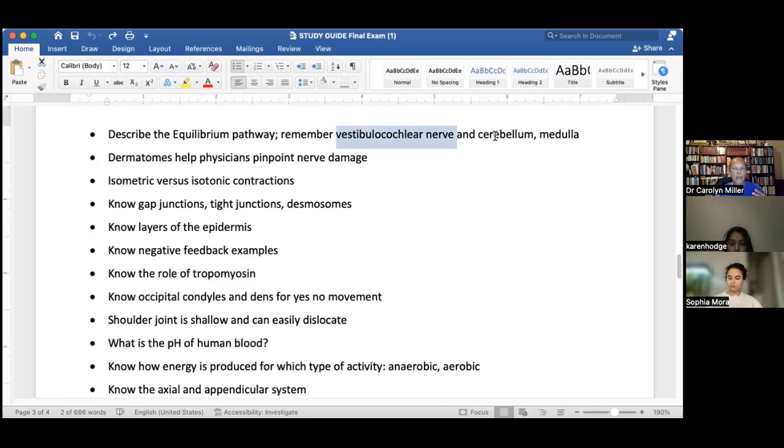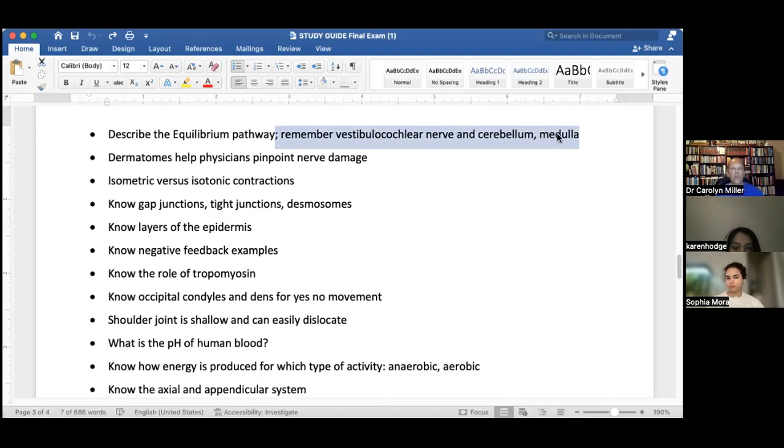But the cerebellum, when the cerebrum sends out the input, is what will initiate those muscle contractions to help us with equilibrium. And again, the medulla oblongata is right there from the spinal cord, getting all the input and taking it to the brain. So the medulla is that mid path to the spinal cord and then into the brain. So all of these are involved in equilibrium.